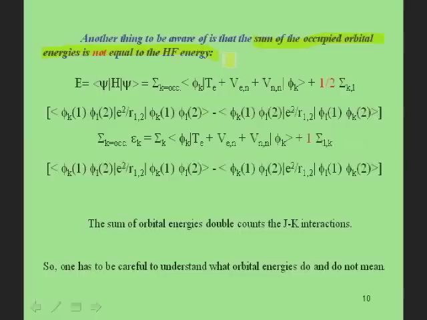Because what we know is, if we take a Slater determinant and write down the Hamiltonian energy, as I've done here again for you, we get our friendly Slater-Condon rules: a summation over all the occupied orbitals of their kinetic energy and nuclear attraction, etc. Then we get our friend, the 1/2 sum over k not equal to l, or if you want, k greater than l, of the Coulomb minus exchange interactions.